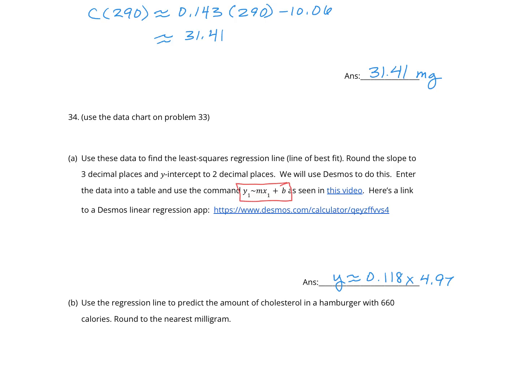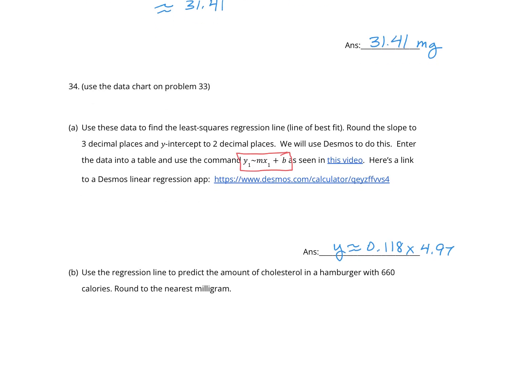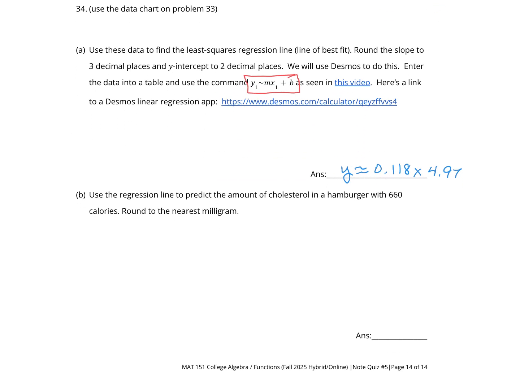Now we're getting a 0.118, so between 14 and 12, they're pretty close if you round them to the hundredths place. So again, that's the line of best fit. And now if you want to make a prediction with it, you can calculate the number of milligrams of cholesterol from a 660 calorie burger.